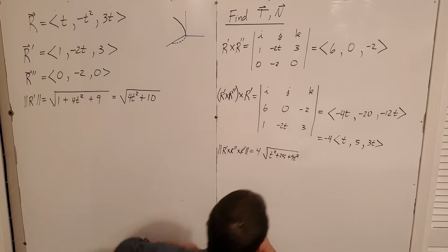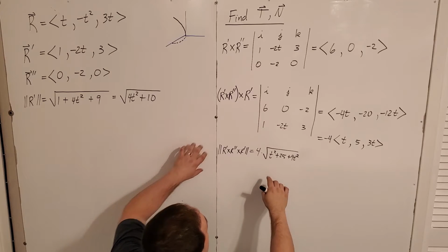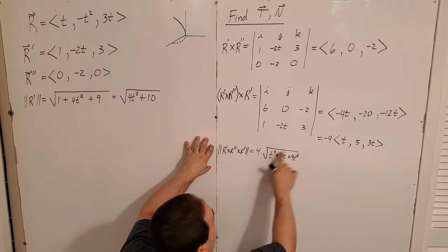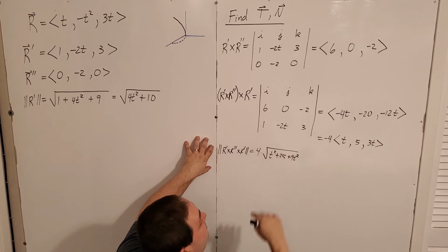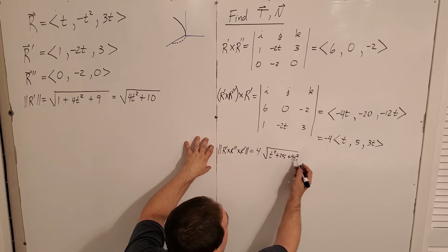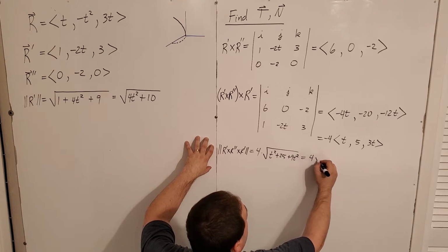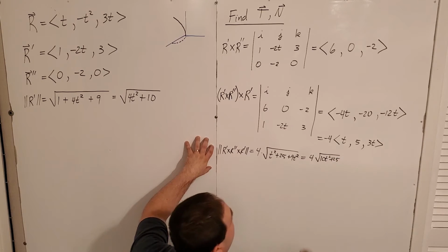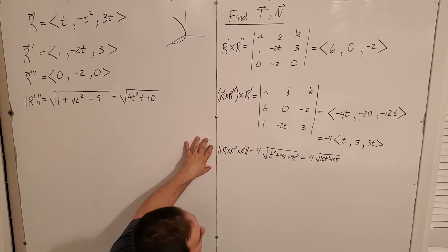So now, if I divide this by this, notice the negative 4 over the 4 leaves me with a negative, and then everything in the denominator will have the square root of 10t squared plus 25.